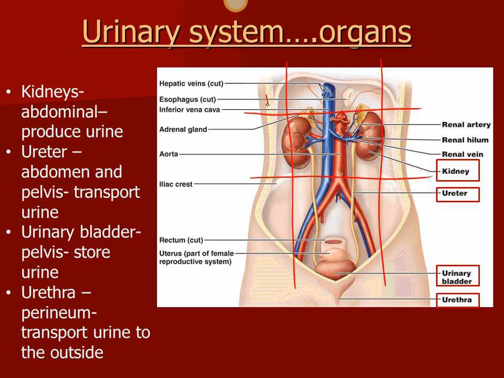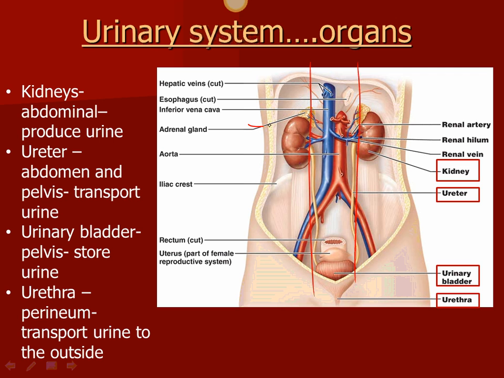This area was called the hypochondrium, this was called the epigastrium, hypochondrium. So we have the hypochondrium, epigastrium, hypochondrium, umbilical area, pubic area. This was called the inguinal, and this area was known as the lumbar region, right?